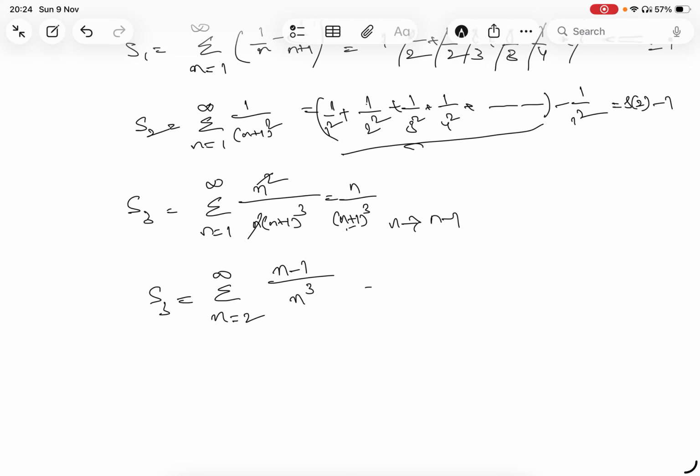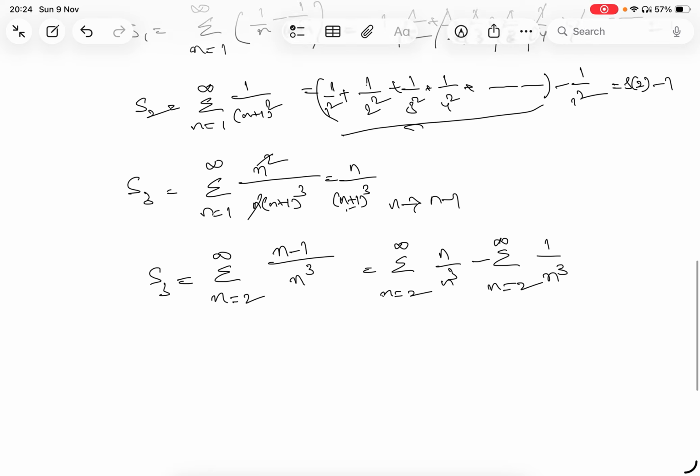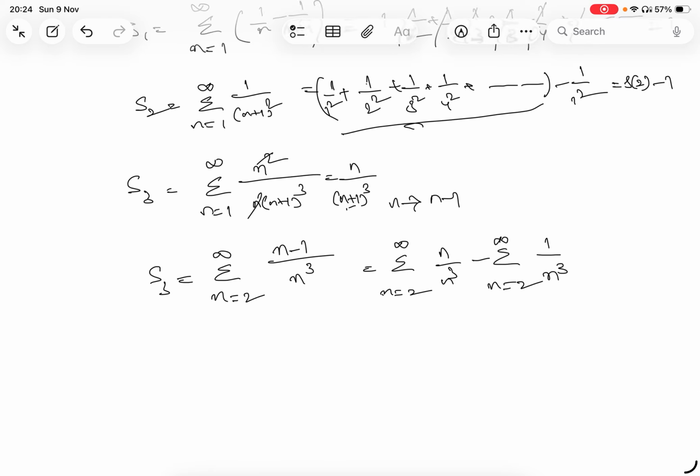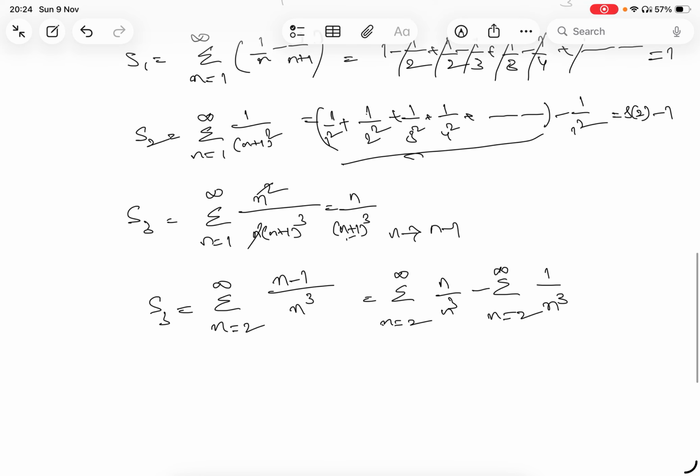Fine. Then this is summation n equal to 2 to infinity n by n cube minus summation n equal to 2 to infinity 1 by n cube, right? So this will give 1 by n square, right?